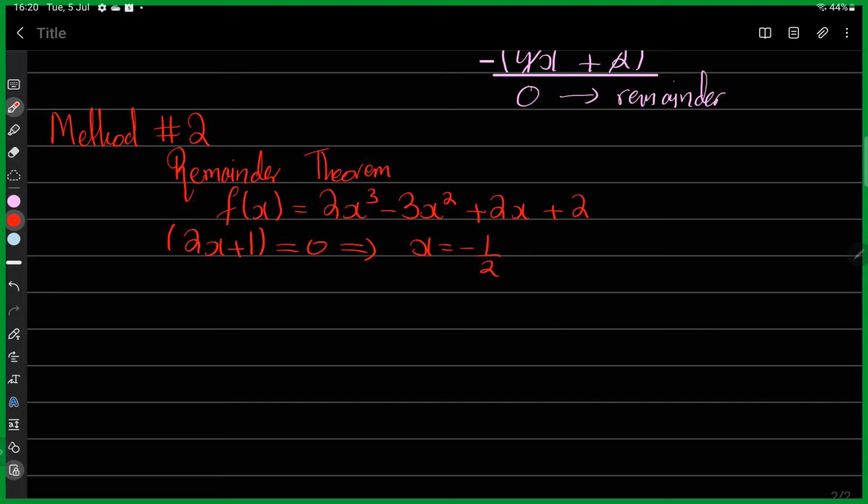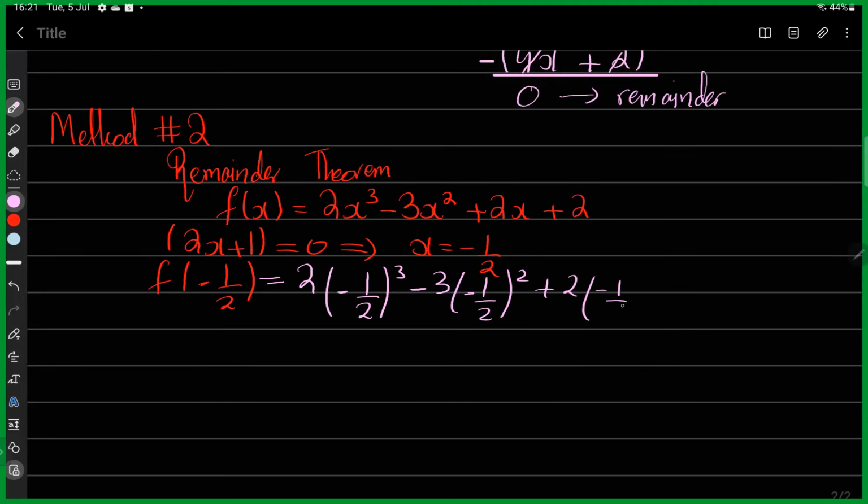Now I need to plug in minus 1 by 2 in f. I need to find the value of f of minus 1 by 2, and it should be 0 because f of minus 1 by 2 is basically going to give me the remainder. So this is going to be 2 into minus 1 by 2 cubed, minus 3 into minus 1 by 2 squared, plus 2 into minus 1 by 2, and then we have plus 2.